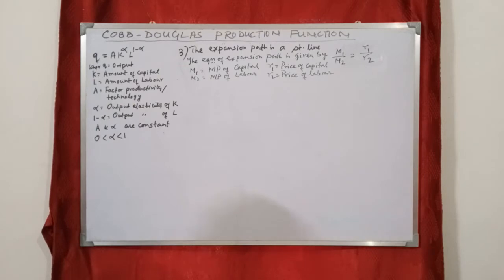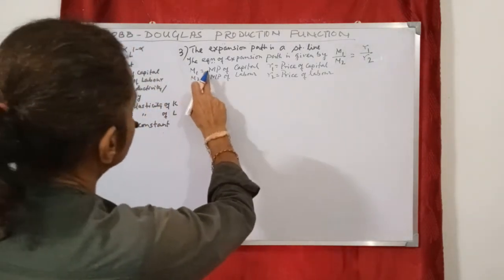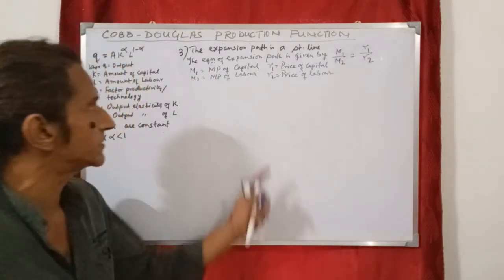M1 by M2 equals to R1 by R2, and M1 and M2 are marginal productivity of capital and marginal productivity of labor respectively.